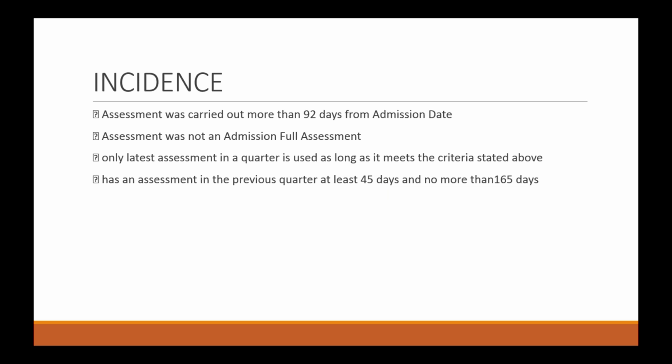But it cannot also be any more than 165 days ago. So the 165 days are going to be pretty simple because you know that there's a 92-day window. And so as long as you've got something that's under the 165 days, then it can be used.